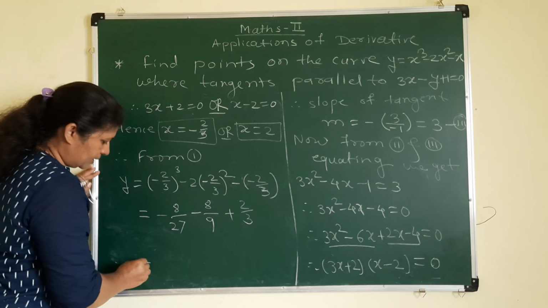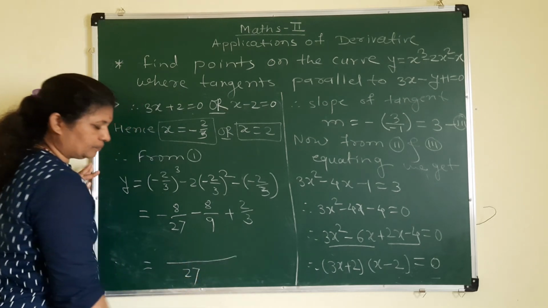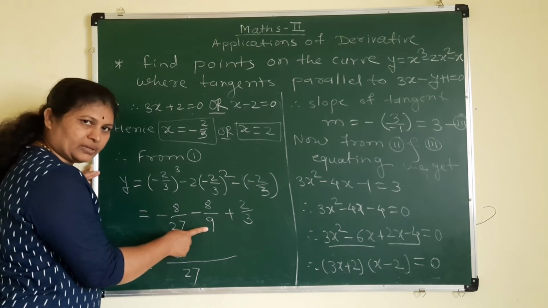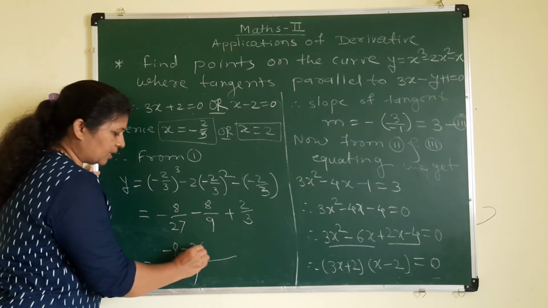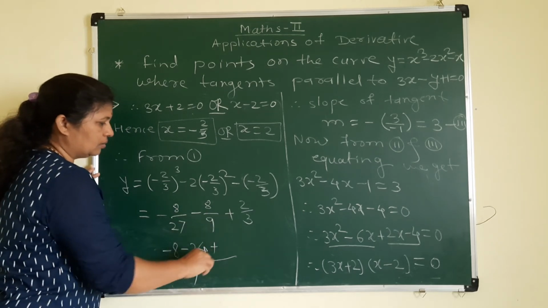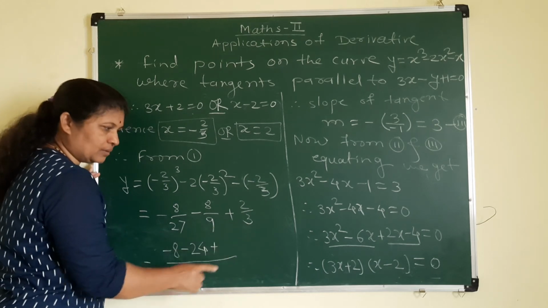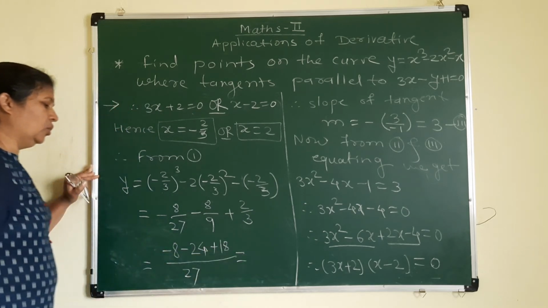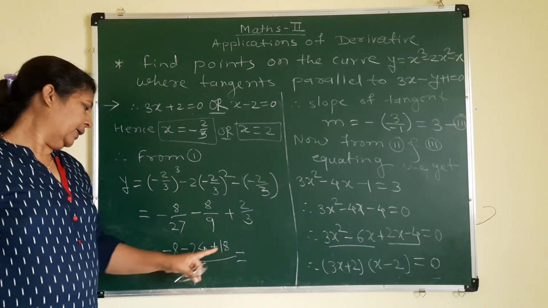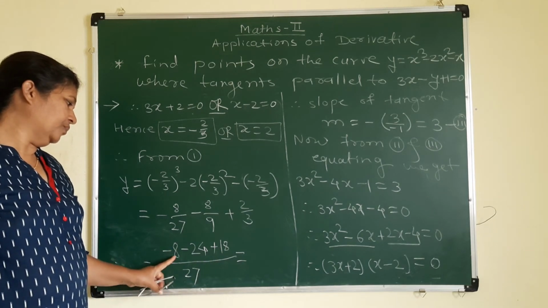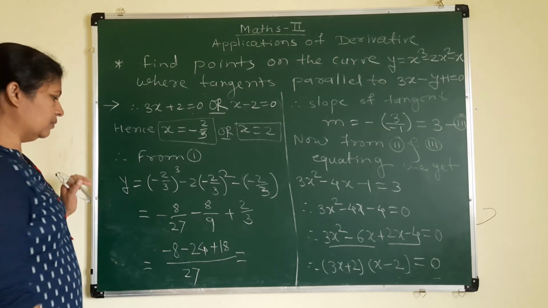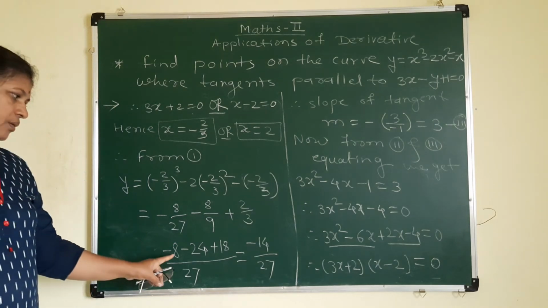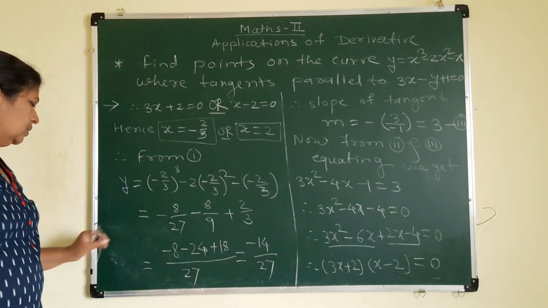Take LCM, LCM will be 27, so minus 8 minus, here LCM is 27, so multiplied by 3, 8 3s are 24, plus 27 is the LCM, so multiply by 9, 9 into 2, 18. So what will be the value? 18 minus 8, that will be 10, minus 24 plus 10, that is minus 14 upon 27, minus 14 upon 27 is the value of y.